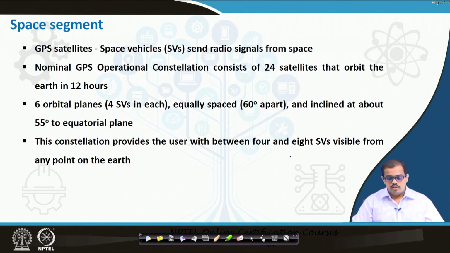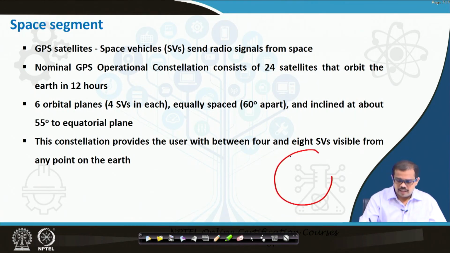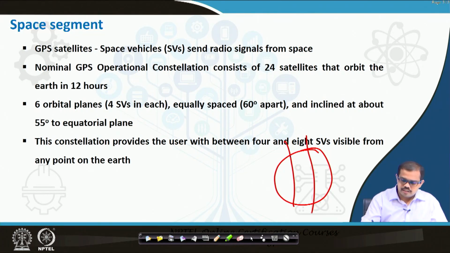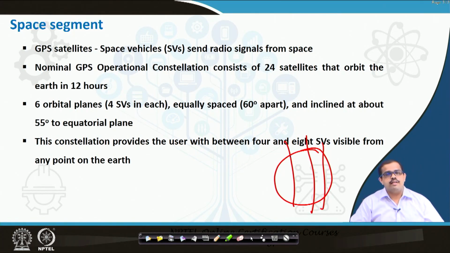When you look at the entire Earth surface, it is divided into 6 different orbital planes, each plane having 4 satellite vehicles.